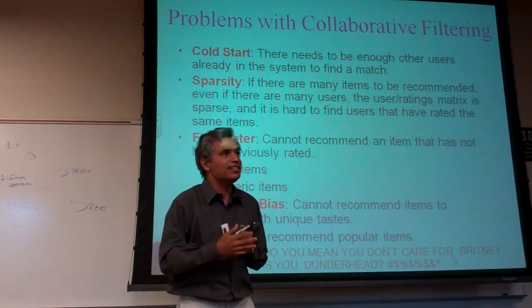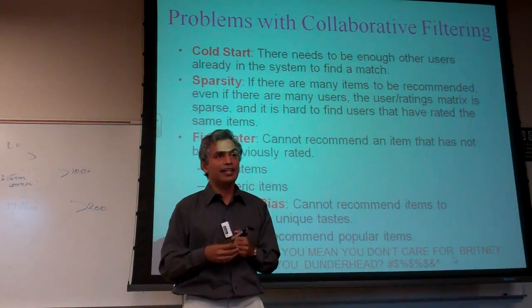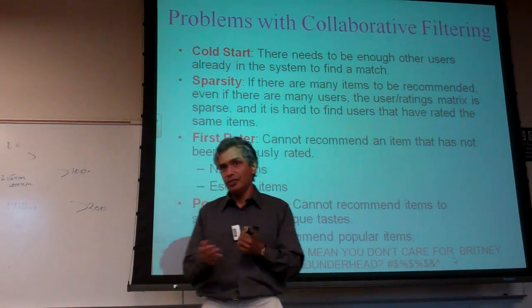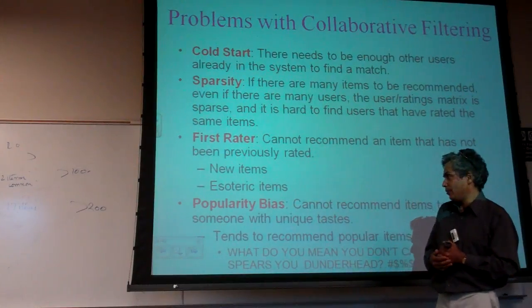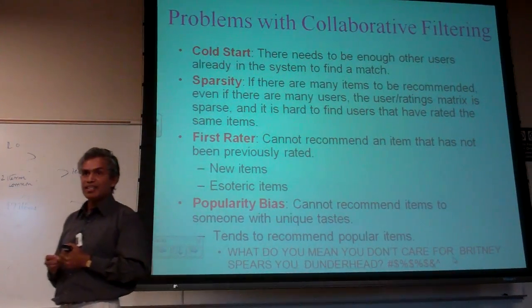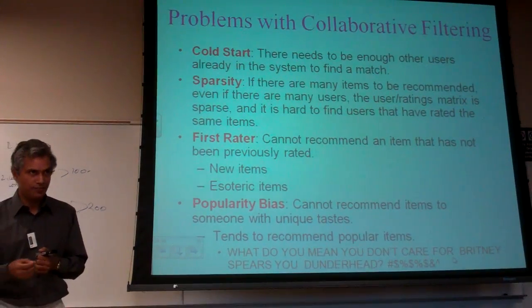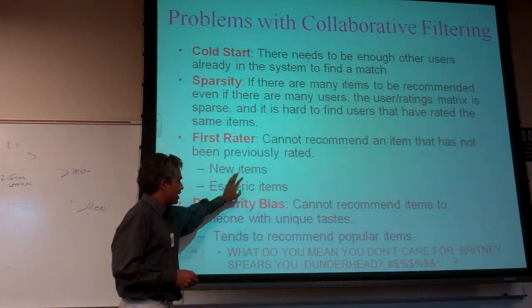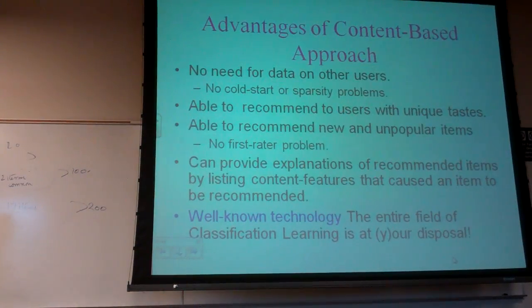But my prediction for you is not going to be particularly good because I'm getting you pretty lousy soulmates. Okay, and so that's the problem. And so if you have non-popular taste, you are not likely to get many good recommendations. So that's basically some of the problems of collaborative filtering.